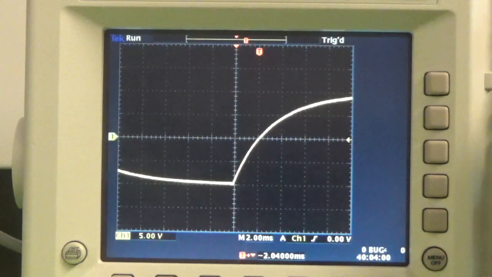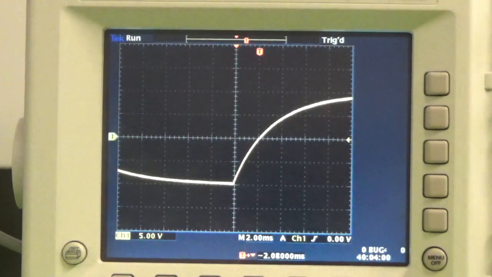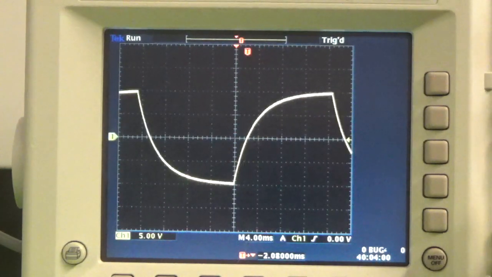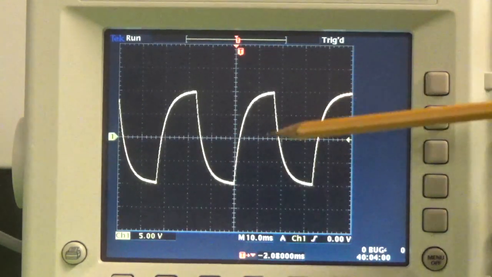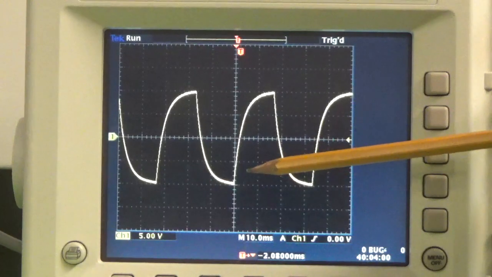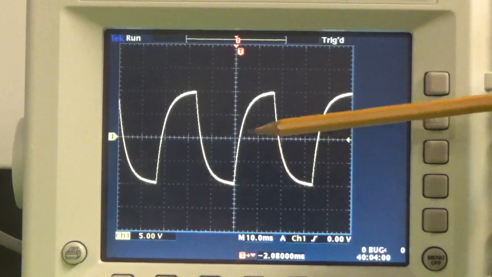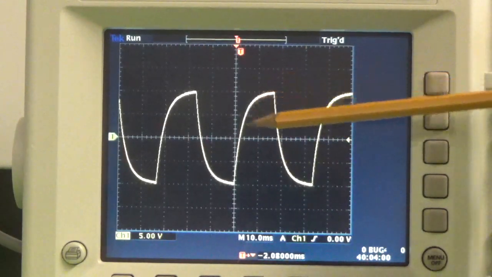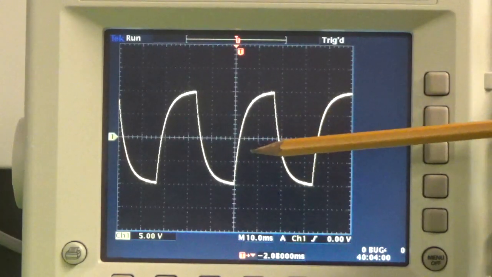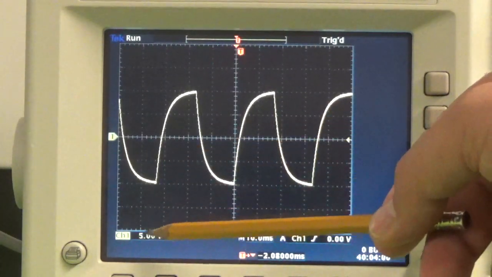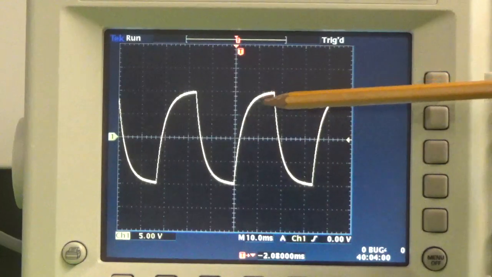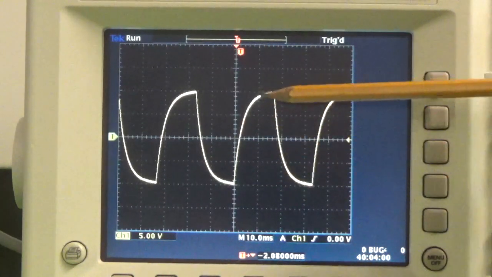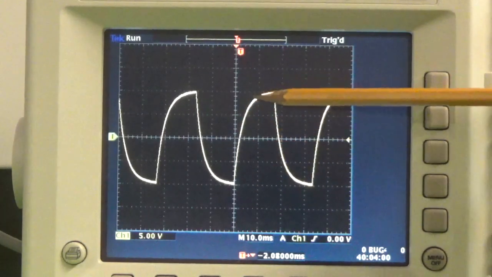Okay, and you can see that the peak-to-peak voltage is 1 square, 2, 3, 4. So we have 4 squares times 5. That means we have 20 volts peak-to-peak voltage.